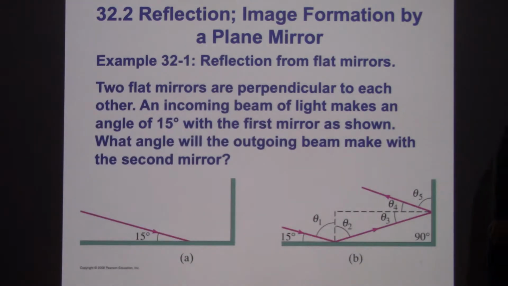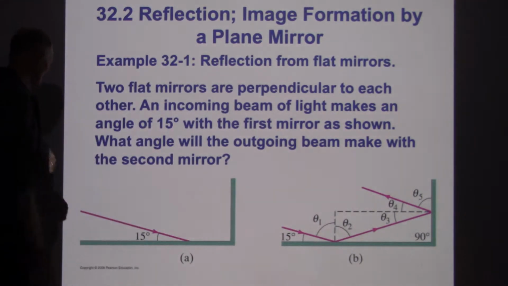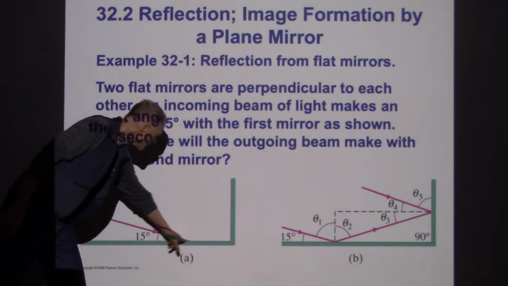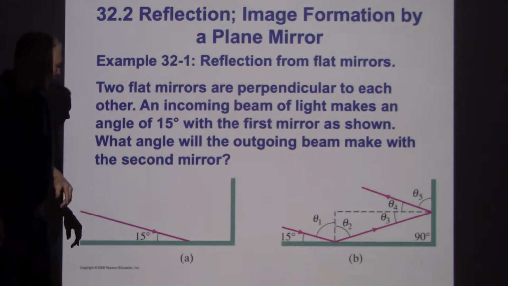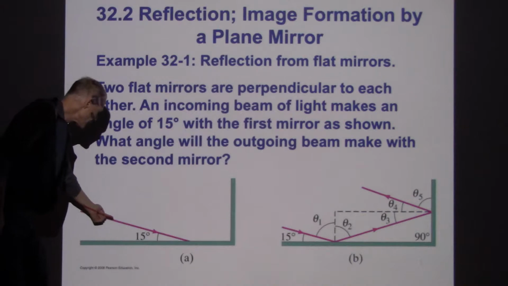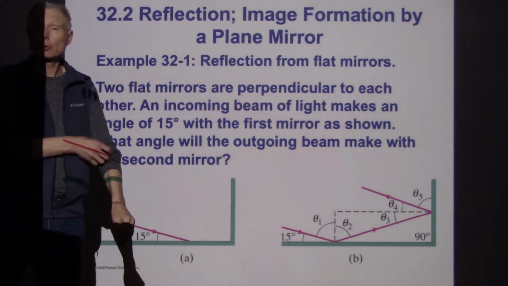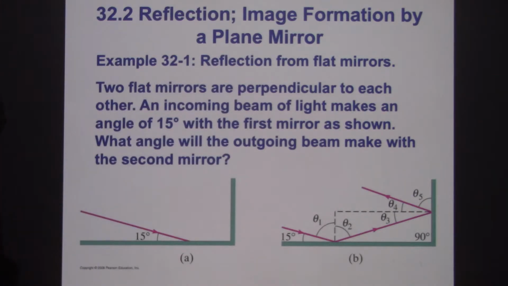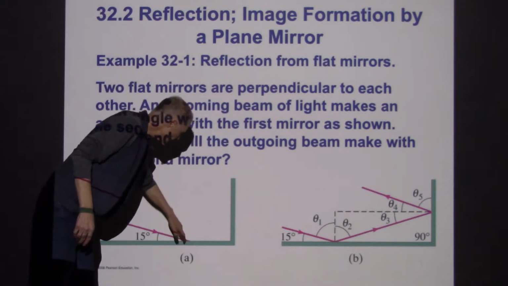So just getting some familiarity with how reflection takes place. Now in this diagram, they're saying here is a mirrored surface, and here is a mirrored surface. And I've got light coming in here at 15 degrees. Now they didn't use the official definition. It should really be listed as the complement here, 75 degrees, I guess. We should be drawing a normal and then drawing the angle.